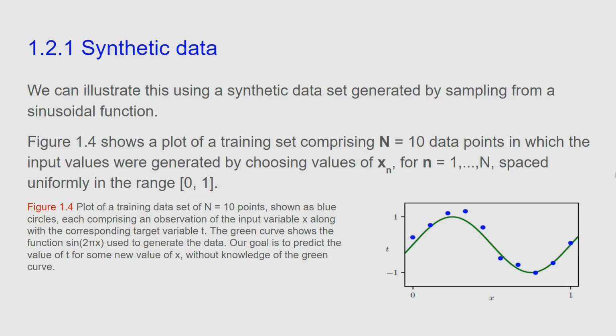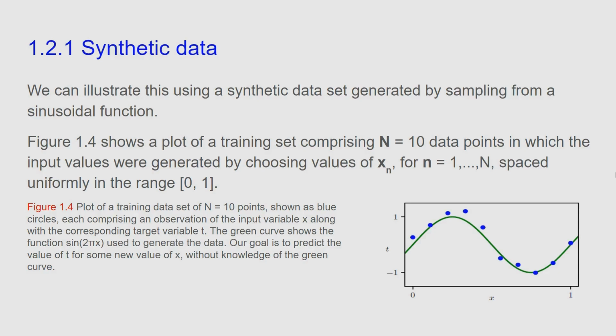Figure 1 shows a plot of a training set comprising N equals 10 data points in which the input values were generated by choosing values of x_n, for n equals 1 to N, spaced uniformly in the range 0 to 1.